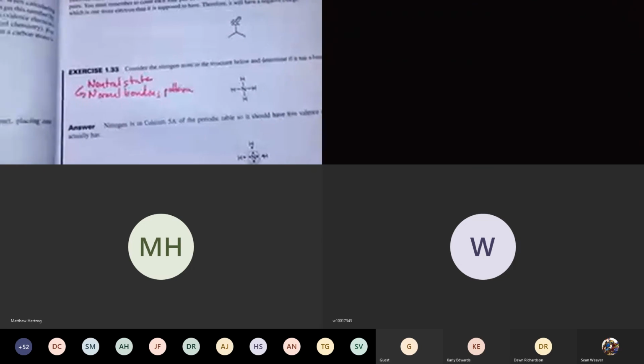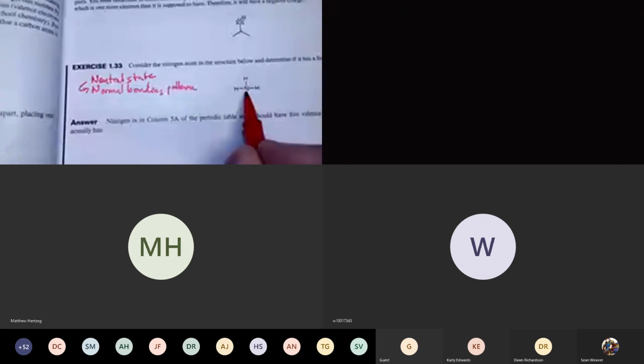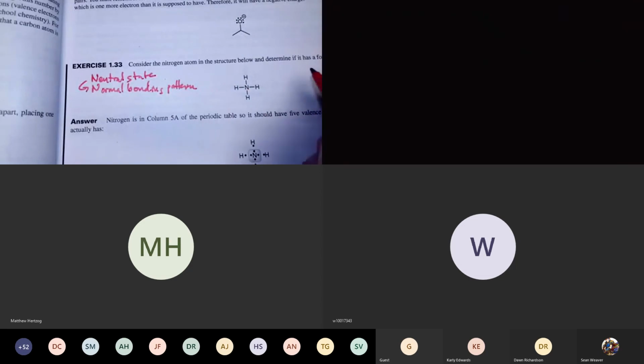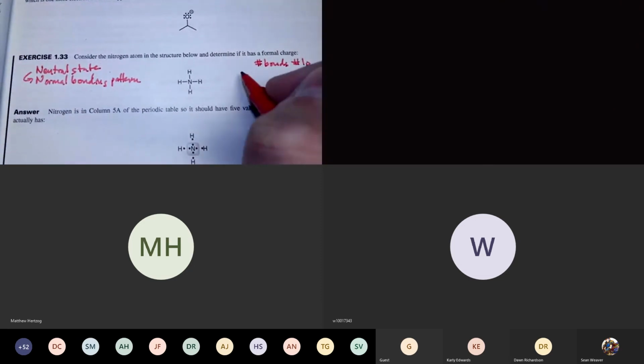So if we look at this nitrogen here, normally when we see nitrogen, it has, I want to say, sorry, I got to keep moving this. So nitrogen normally has how many bonds?